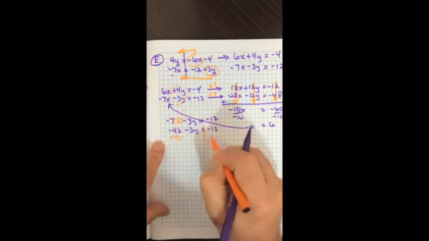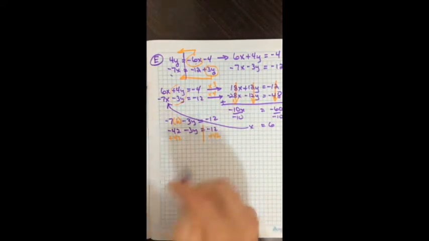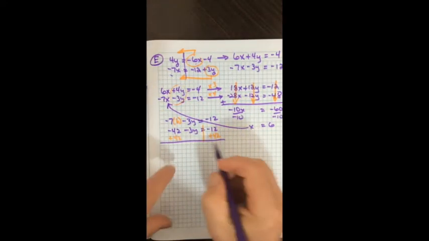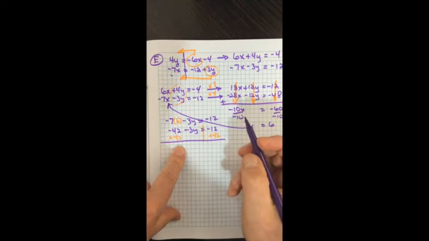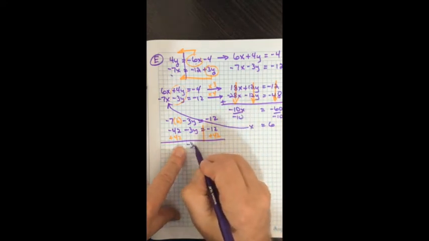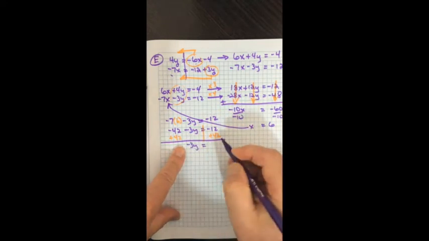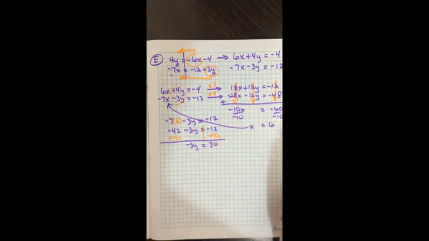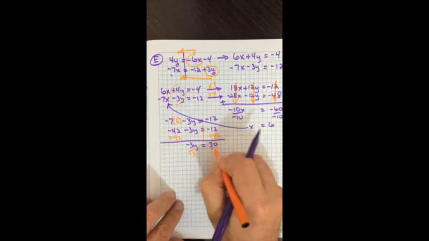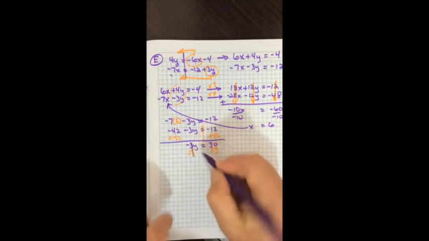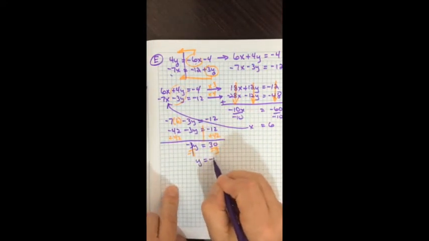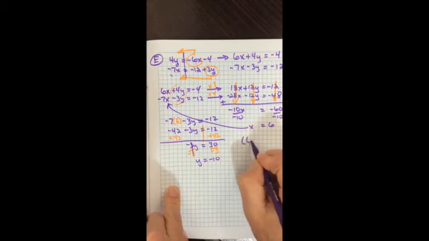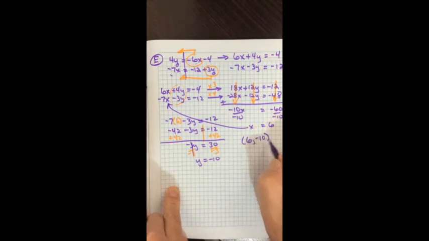Add 42 to both sides. So now let's see here. We have negative 3y equals 30. Divide off the negative 3, and we have y equals negative 10. So our final answer is x is 6, y is negative 10.